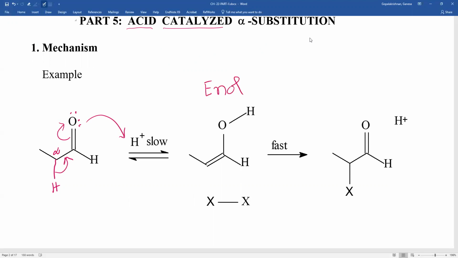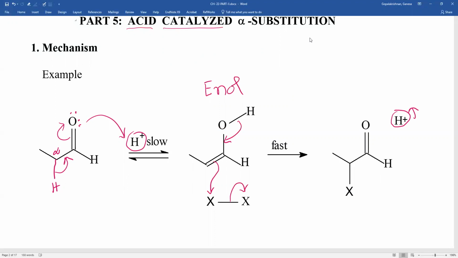If you treat the enol with a halogen, electrophilic addition, it comes there and picks up, drops the proton. So you look at that, acid is released here. We used it here, so it stays in the reaction. It will go ahead and act on another molecule. So it is a catalyst.